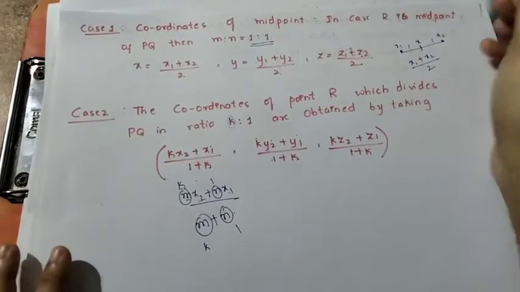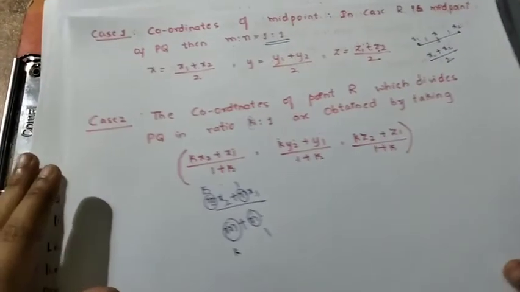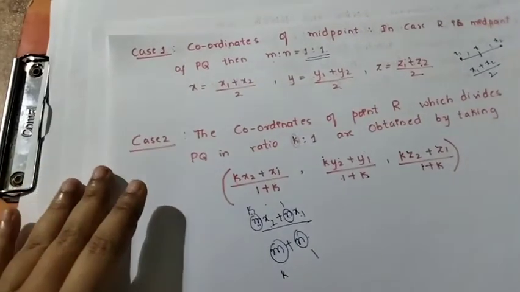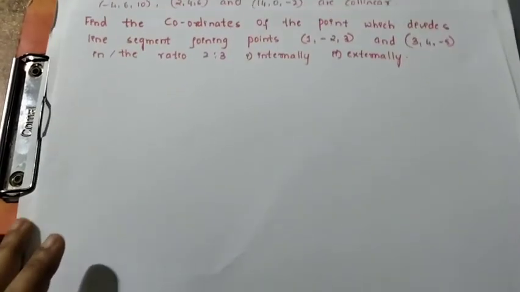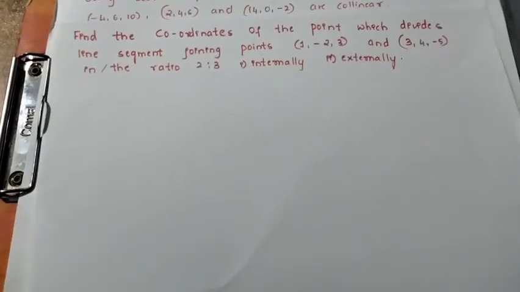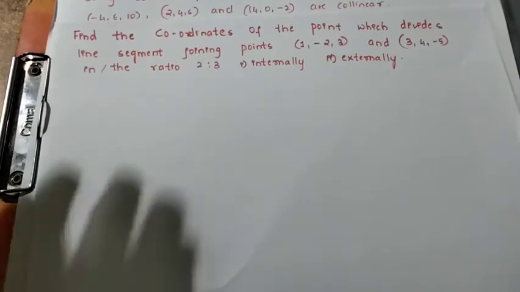Okay, so we can solve this using some examples so that it becomes more clear. Find the coordinates of the point dividing A and B. There are 2 points given, 1, -2, 3 and 3, 4, -5. They are divided in the ratio 2:3, internally and externally, both of which we have to find.